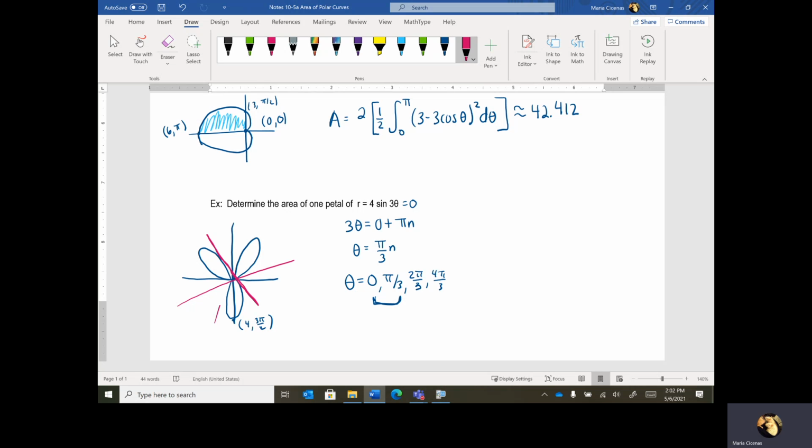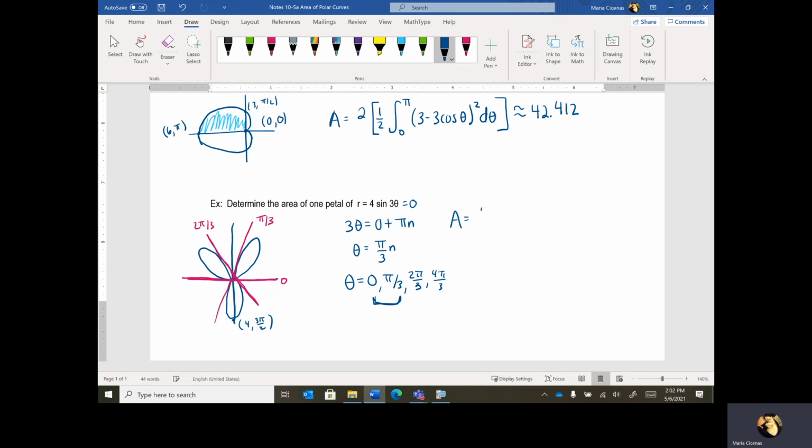I left off this one. That's why it's such a bad sketch. There we go. So there's my one at 0. Oh, pi over 3. Okay.